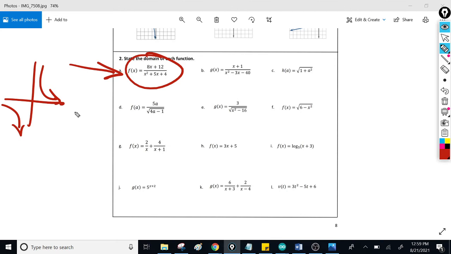So if you're talking about domain, we are looking at how far left and how far right it goes. And for the rational function, you will see a disconnection right here. This is the asymptote.